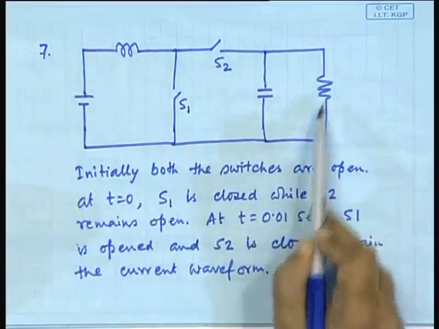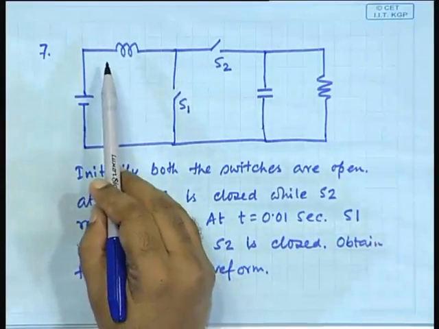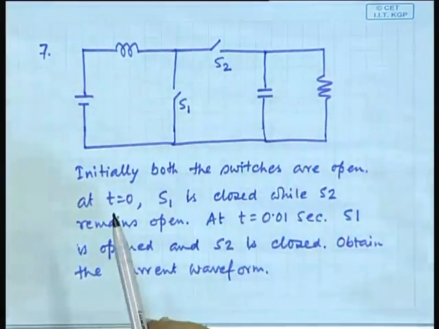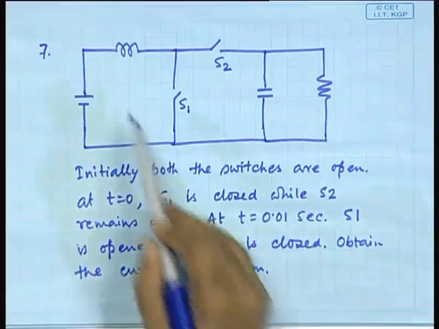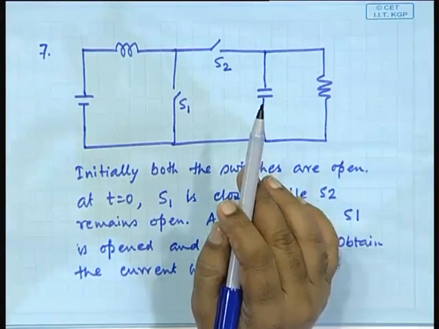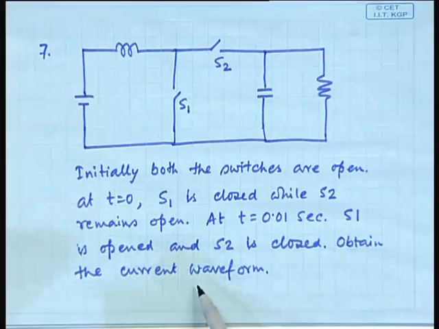So, it is this circuit, which is actually an L C R circuit. It will give rise to a second order equation, and that second order equation's solution will depend on the values. That means it could be non oscillatory, it could be oscillatory and all that. Supposing it is an oscillatory solution, we will give you the numbers so that it becomes an oscillatory solution, and then you have to solve it with the initial condition obtained from the first part, and that will give you the waveform.